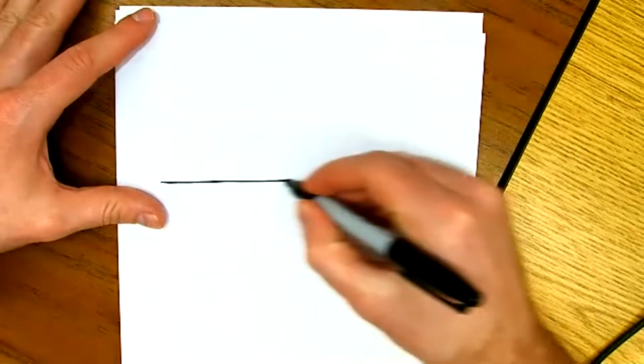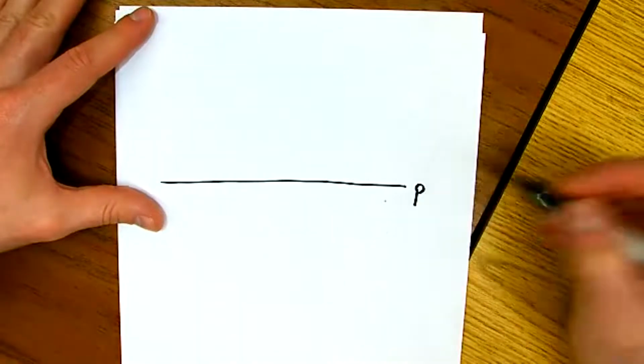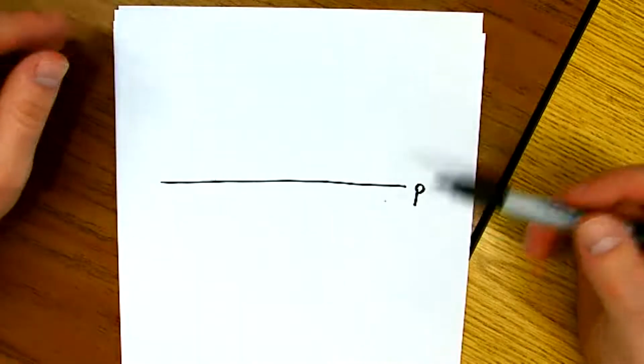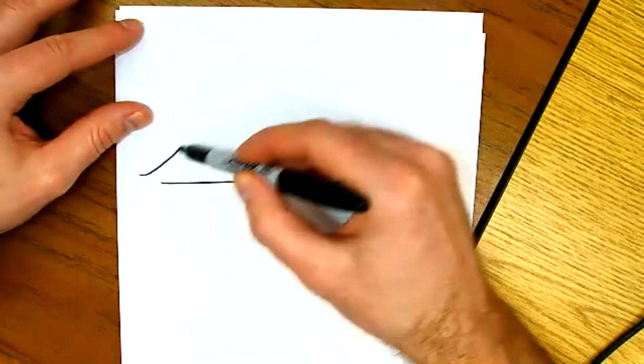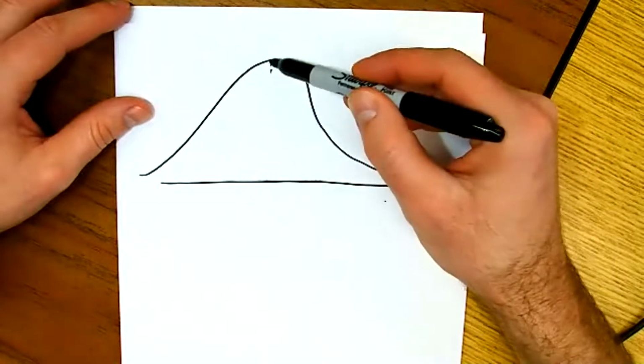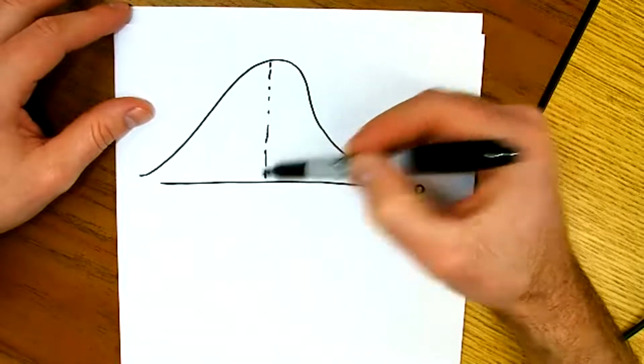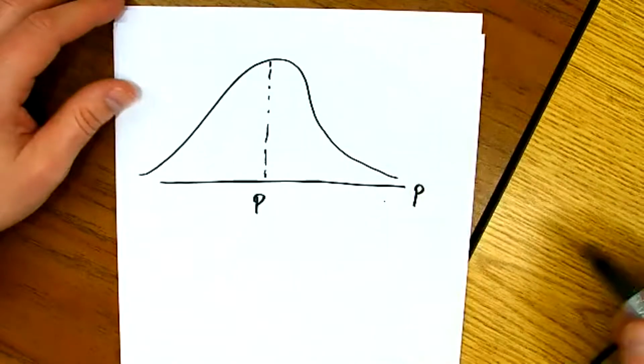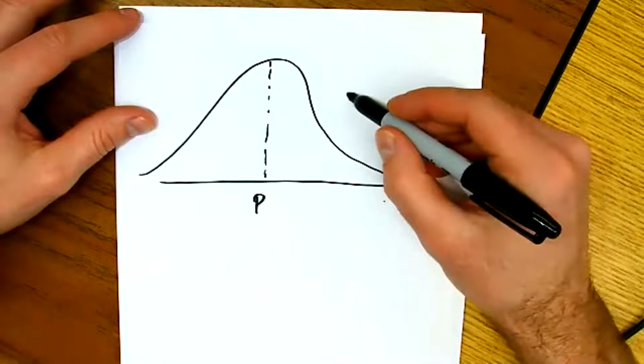So, start out very similar to how we did the sample mean problems. I know that my original data, if I could flip a coin an infinite number of times, the different values I would see would be centered around the true population proportion.